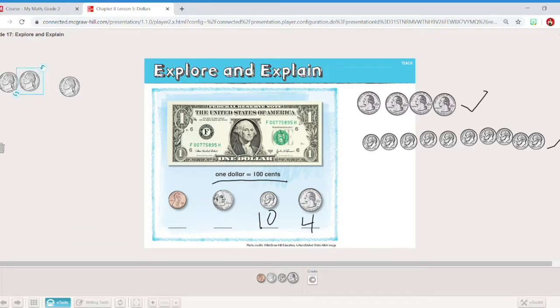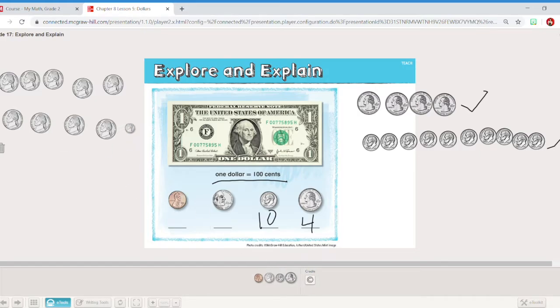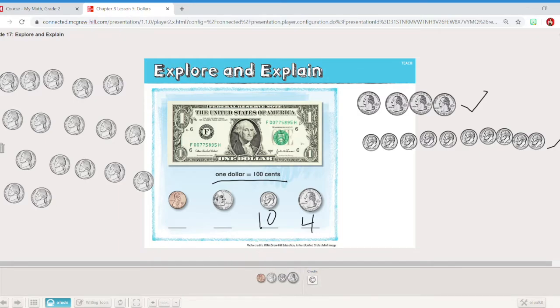So let's move it over here. 5, 10, 15, 20, 25, 30, 35, 40, 45, 50, 55, 60, 65, 70, 75, 80, 85, 90, 95, 100. That's a lot of nickels.